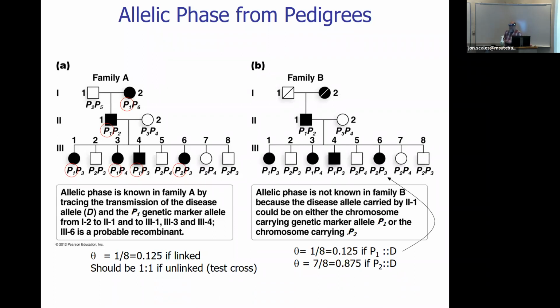Here's just some more examples. All right, the last thing that I want to mention in passing is trying to figure out, using pedigrees and the data that can come from them, how to map human genes or genes in other organisms that don't have a lot of offspring.